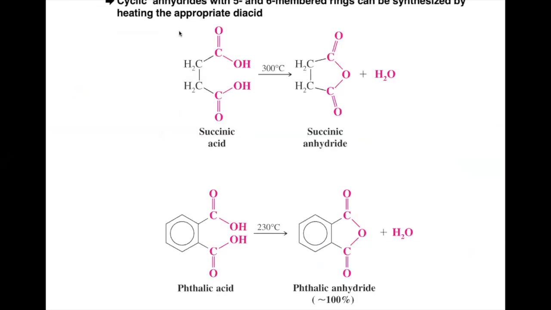Or we can heat a dicarboxylic acid, no? So it's a diacid. When you heat it up, we remove water and you form anhydride. So from succinic acid, it becomes succinic anhydride. Okay. Or from phthalic acid, upon heating, we remove water, you form phthalic anhydride.